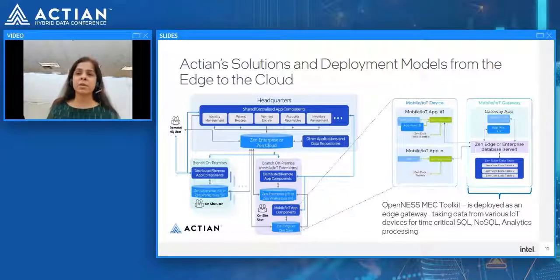OpenNESS can be sitting on the Edge gateway for providing the multi-access edge computing functionality, along with Actian Zen Database for applications or IoT devices to connect with it and send data to it and process data using SQL, NoSQL, and analytics kind of queries. So that is how we are jointly positioning.